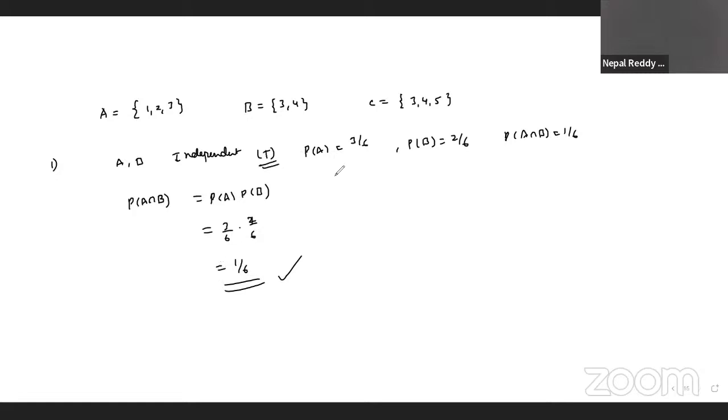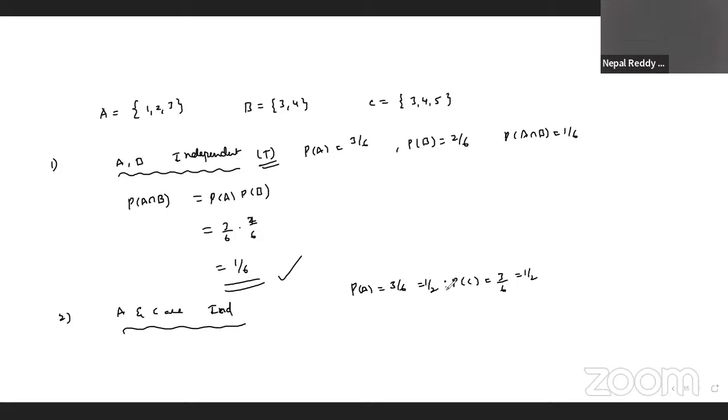Next, you just have to write whether the given statements are true or false. Second one is given that A and C are independent. Probability of A is 3 by 6, probability of C is 3 by 6. This is 1 by 2 and this is also 1 by 2. Probability of A intersection C is 2 by 6, nothing but 1 by 3.